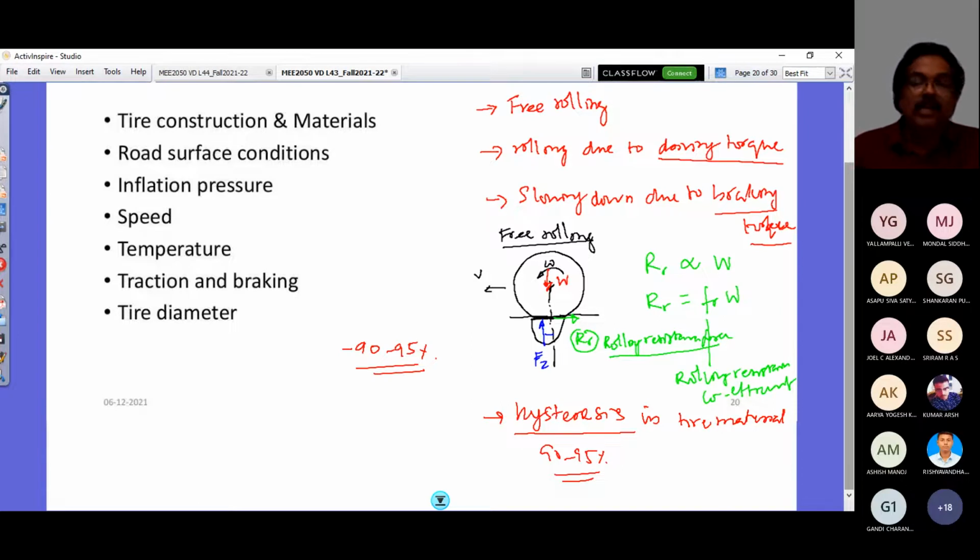The secondary influences are the friction between your tire and the road contact. What do I mean by friction? As the tire is going to roll, you would understand in the second part of the lecture, it is not going to completely adhere to the ground.